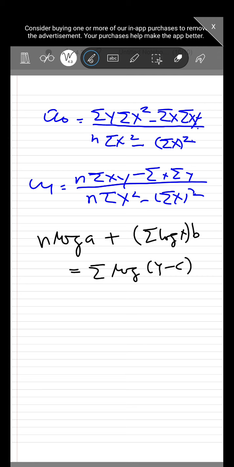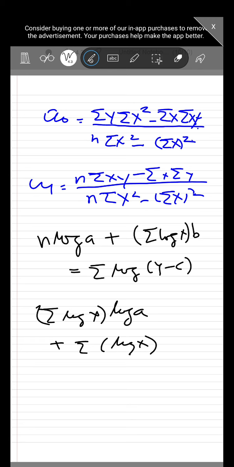This is the first equation, and the second normal equation is summation log of x into log of a plus summation log of x whole square into b, and it is equal to summation of log x into log of y minus c.